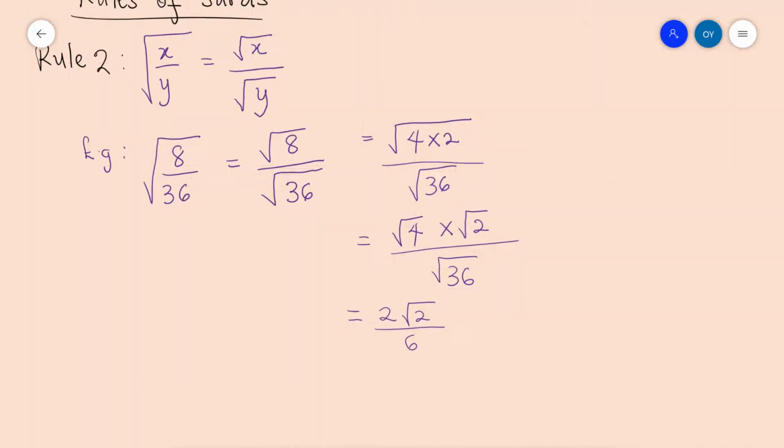Now we can reduce this to the lowest term by dividing 2 over 6 by 2. So 2 divided by 2 is 1, and 6 divided by 2 is 3. So we have the square root of 2 over 3 as our final answer. So the square root of 8 over 36 is the square root of 2 over 3 in surd form.